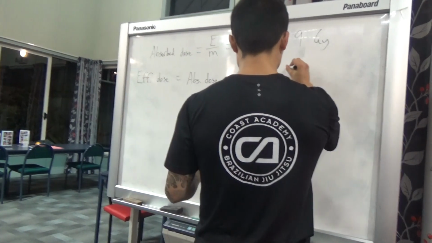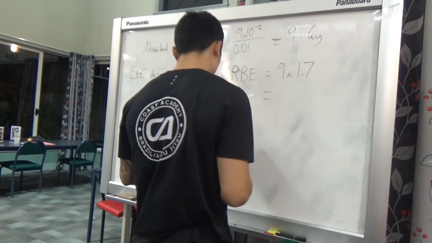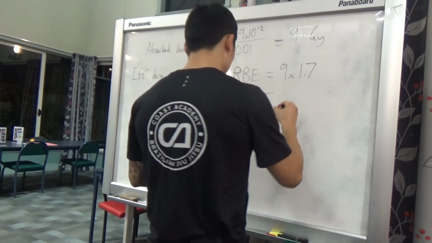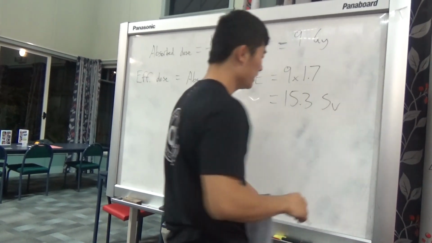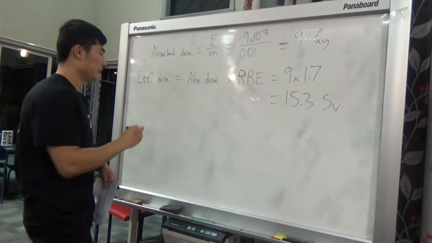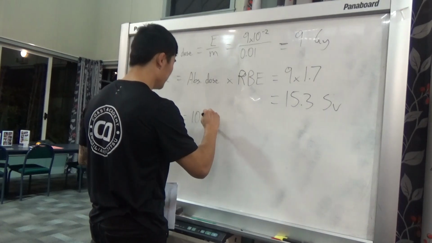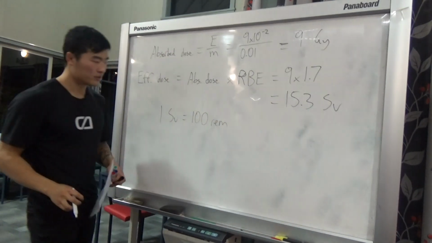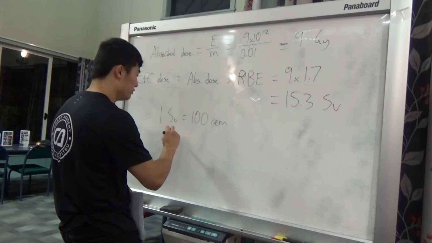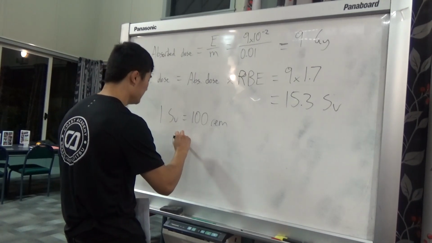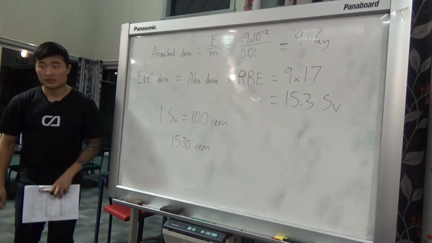So that's 9 times 1.7, and that's 15.3 sieverts, and 1 sievert is equal to 100 rem. So you multiply that by 100, which will give you 1530 rem. Okay.